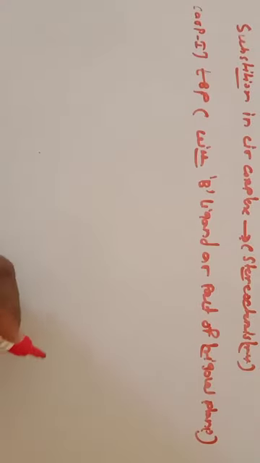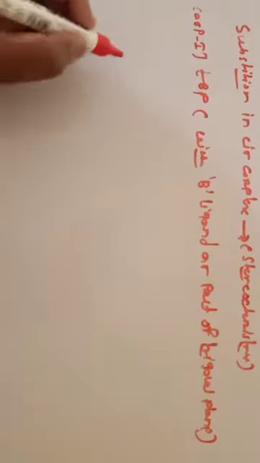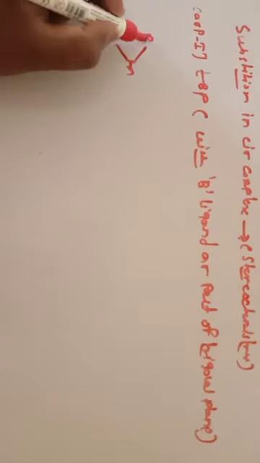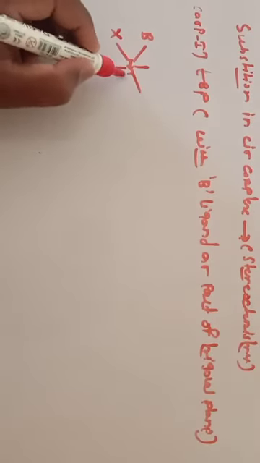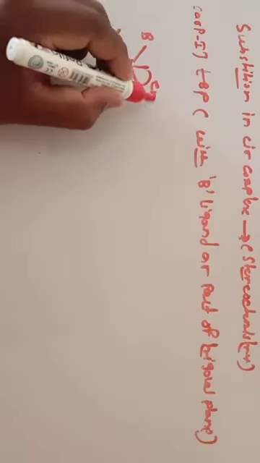So there are two possibilities, two cis and one trans. So this is the complex. This is B, this is your X, and this is your en, ethylenediamine.